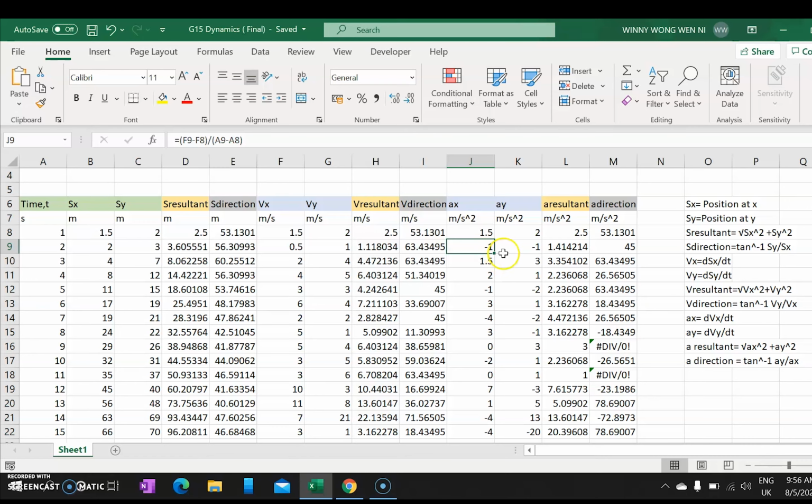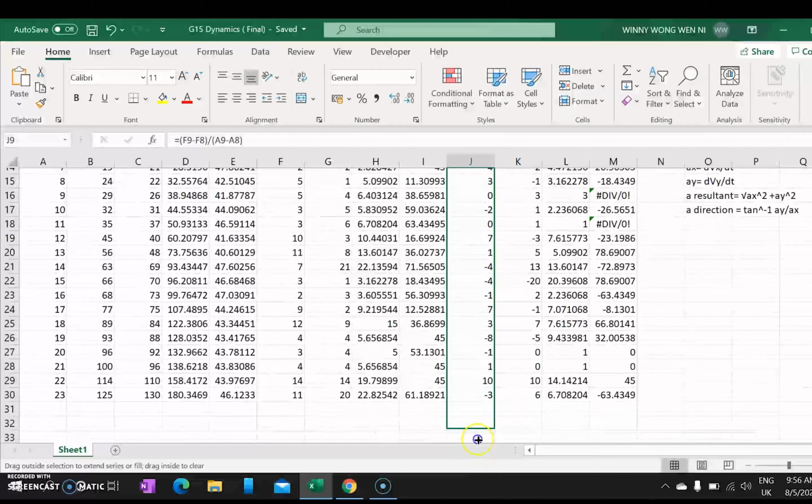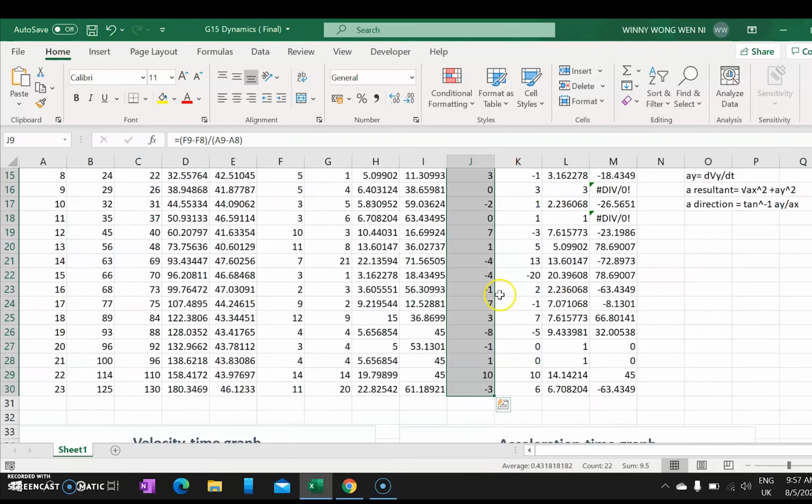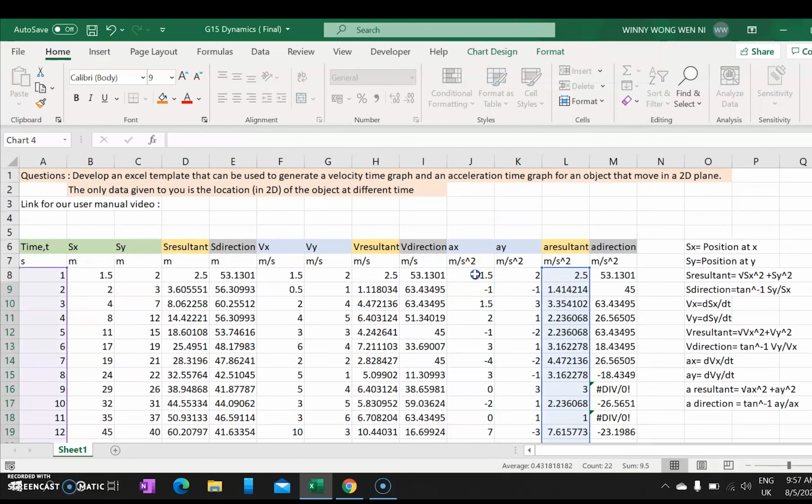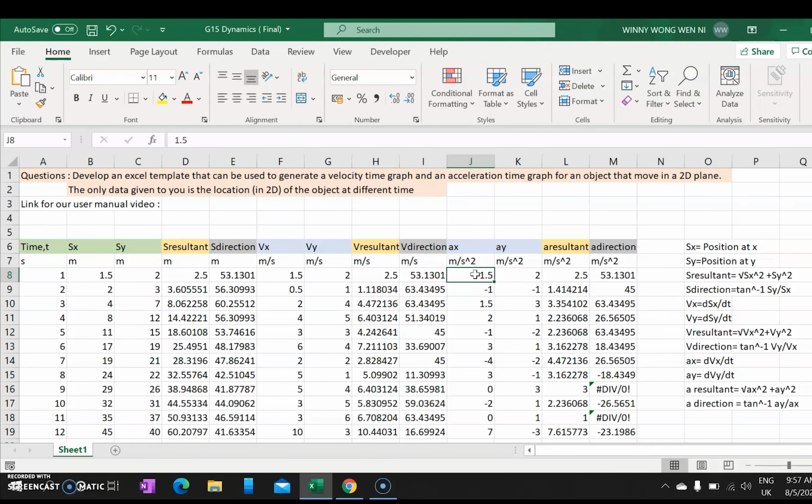So we can straight away drag this down and get the values by using the same formula. For the initial value, we didn't calculate using the formula because it depends on the previous velocity in x direction, so I straight away inserted the value of 1.5.